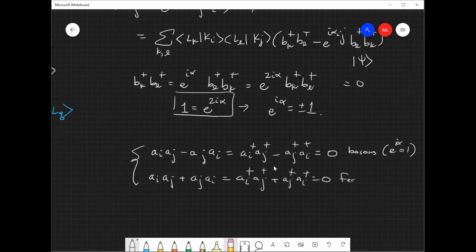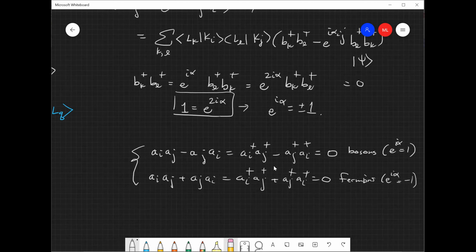And these are the fermions. So those are the two cases. Either your identical particles are fermions or bosons, and their creation annihilation operators either commute or anti-commute.